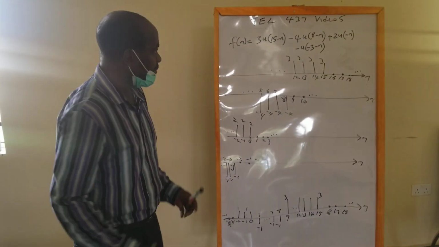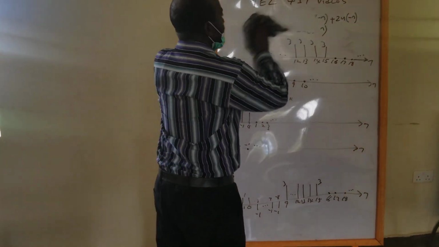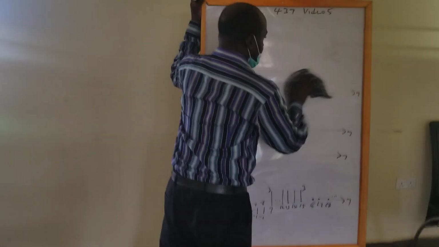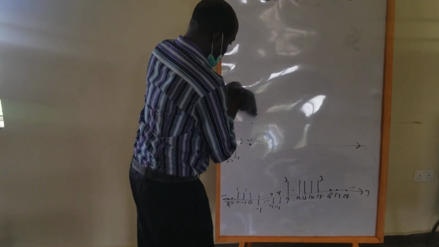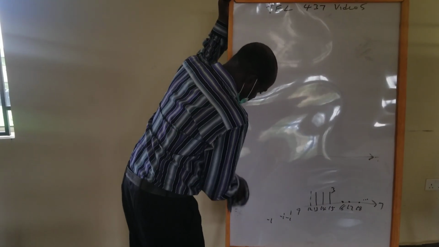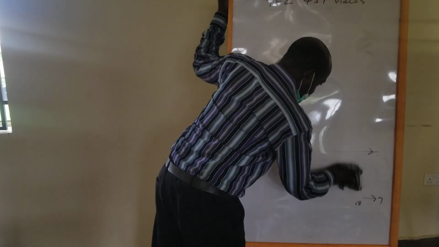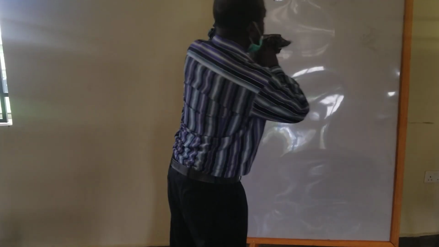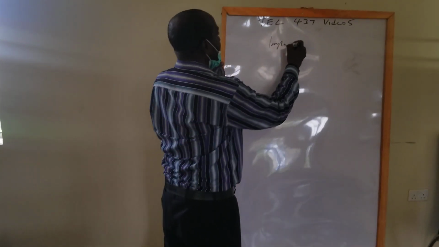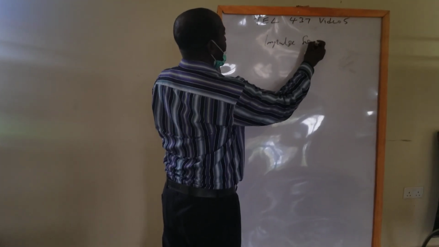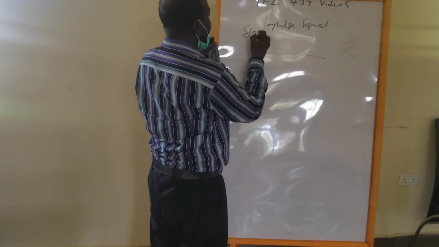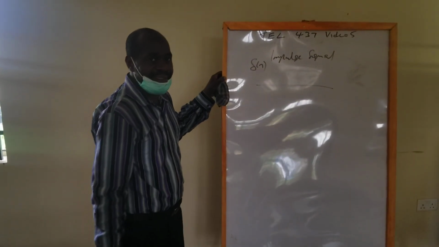Now, let's talk about impulse signal. So impulse signal, we talk of delta n, just like delta t.